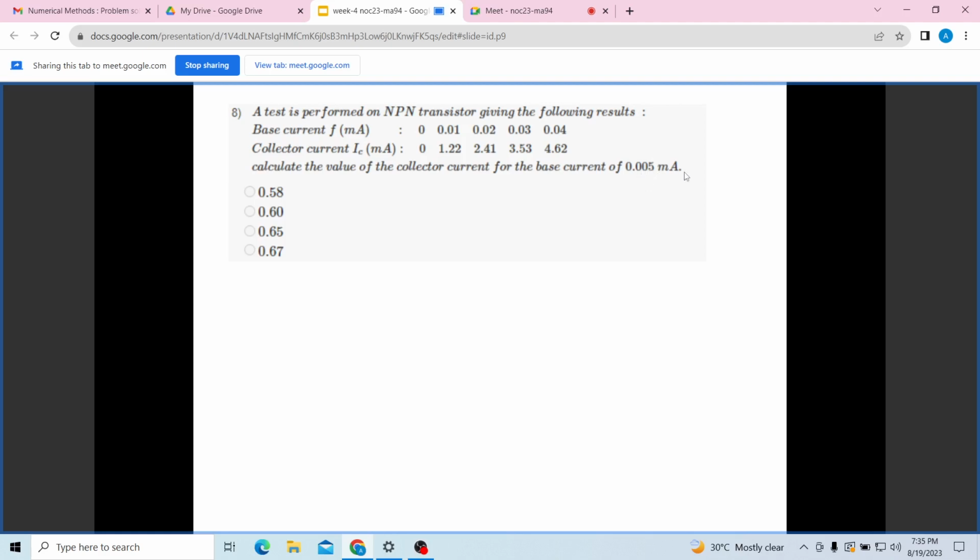So if the base current is 0.05 milliamperes, then what will be the value of the collector current? Just take this first row as x and the second row as y and solve similarly. You have to interpolate the value of y for the x value of 0.05 milliamperes. So calculate it.